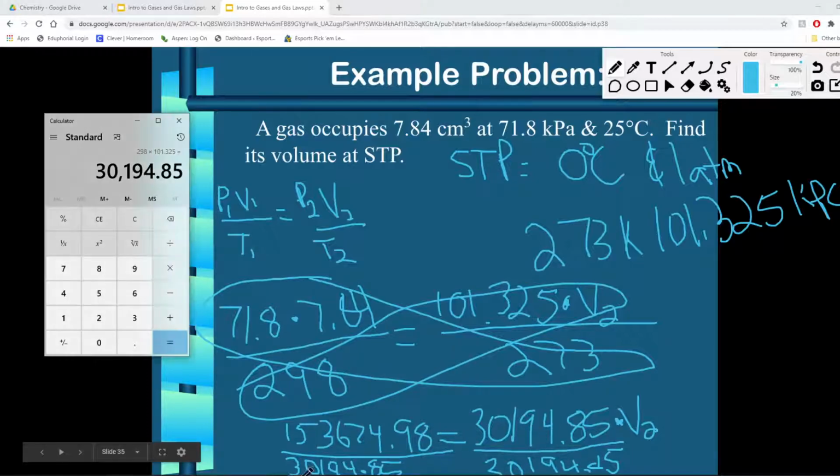All right, so we're taking the 153,674.98 divided by 30,194.85, and that should be our answer for V2.